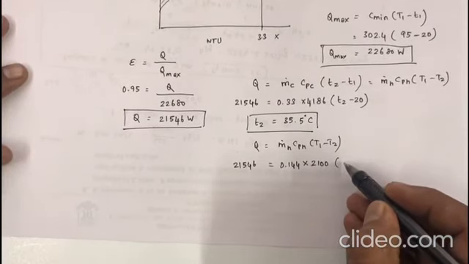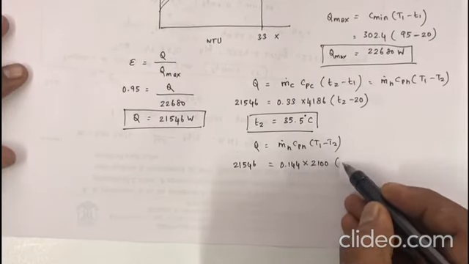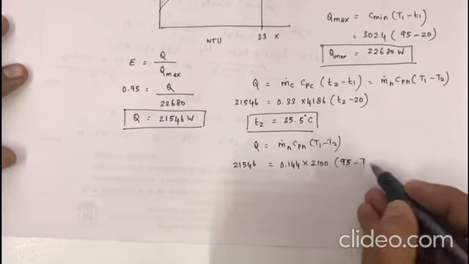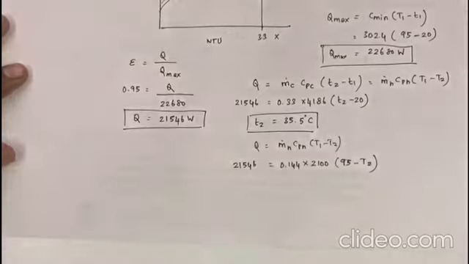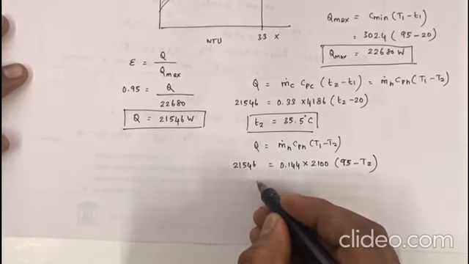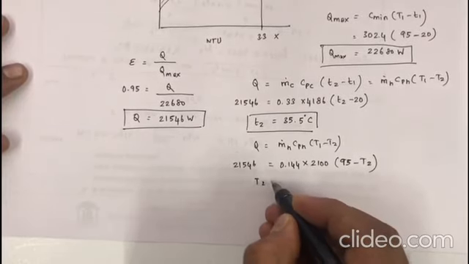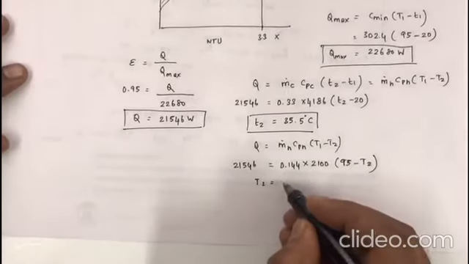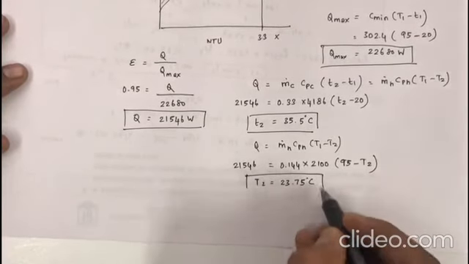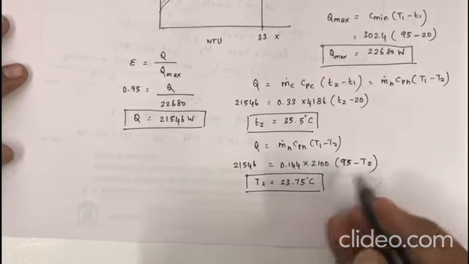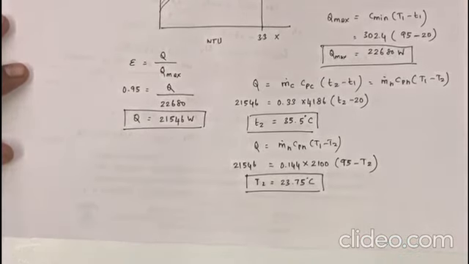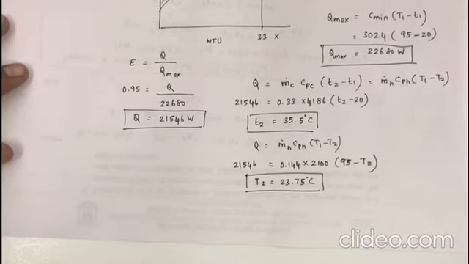T1 will be 95, and T2 will be the one you have to find out. So now the T2 value will be 23.75 degrees Celsius. So this is going to be your outlet temperature of the oil. So that's all.